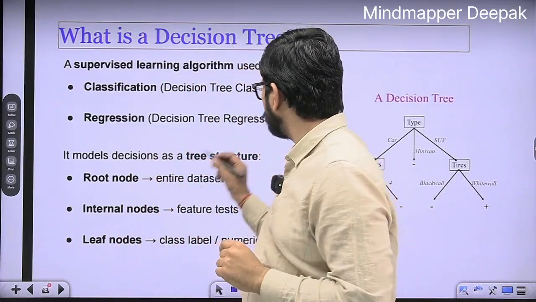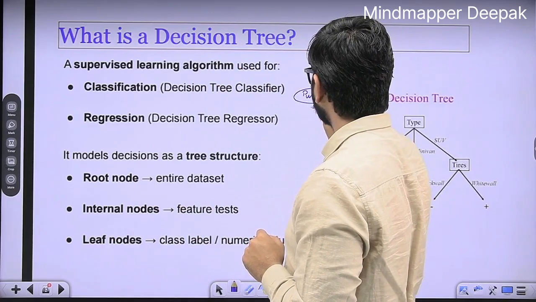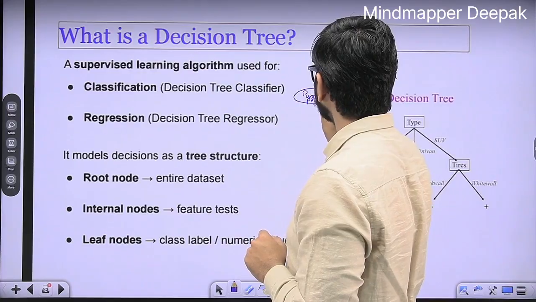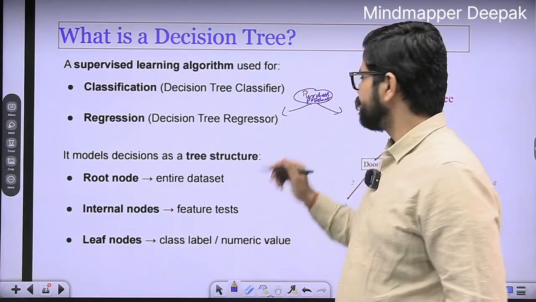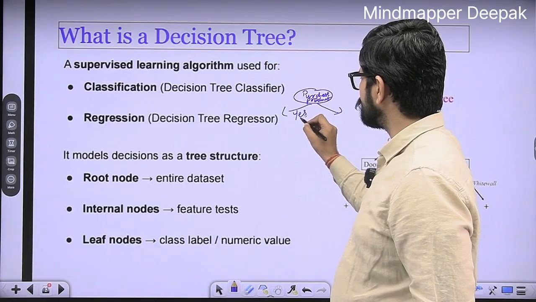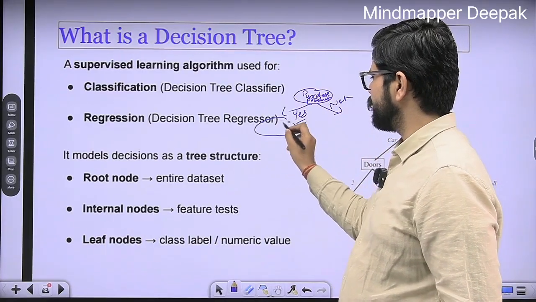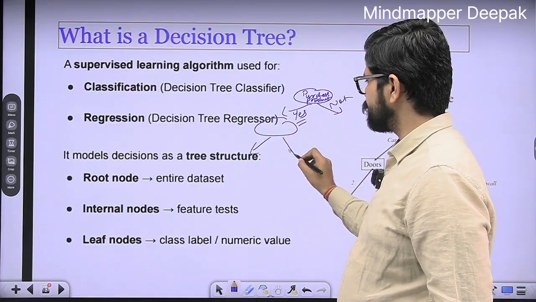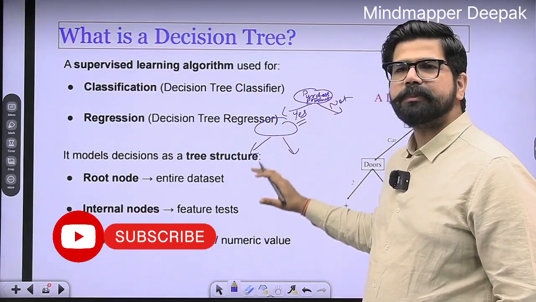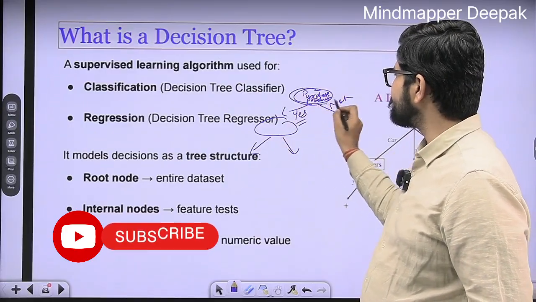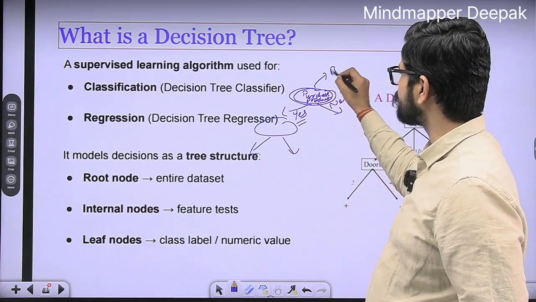If you want to purchase a product, there may be two things in your mind: whether that product is useful for you or not useful for you. It is a household product, it is a kitchen product, and like this a decision, a complete tree, will be formed. Since we have two major decisions to take, it is also known as a binary tree.